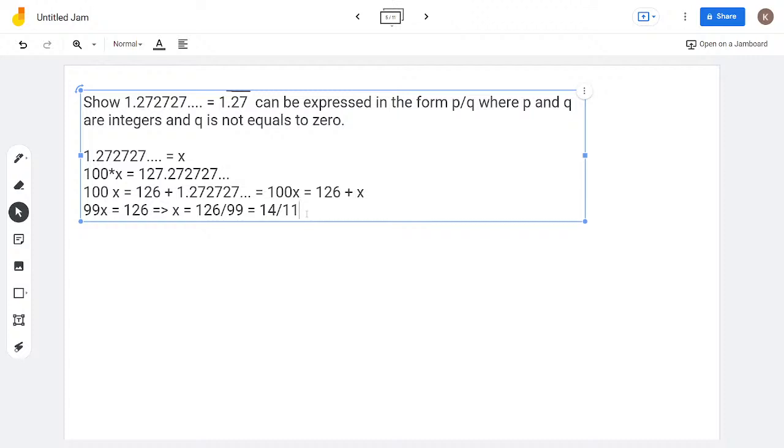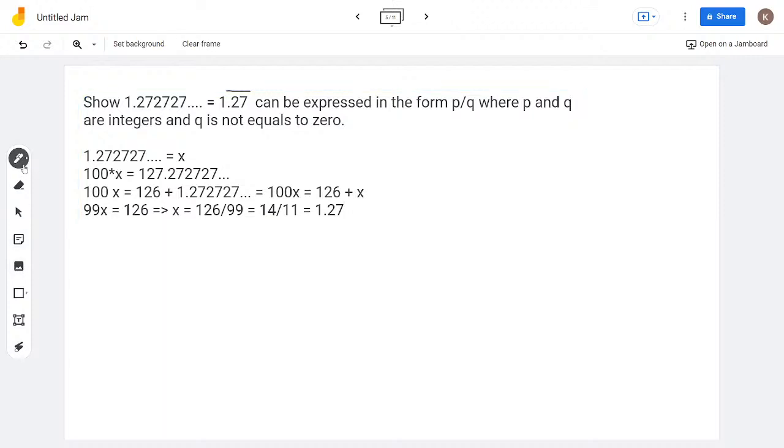Now it has been simplified, and 1.27 bar is equal to 14 upon 11, where 14 and 11 are both integers.